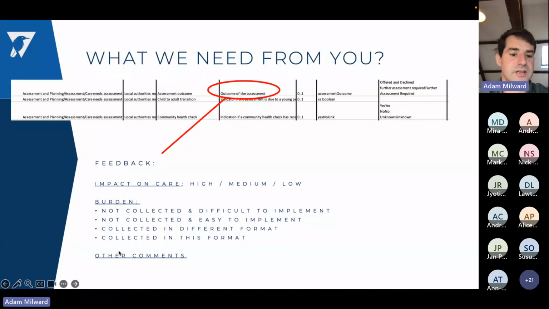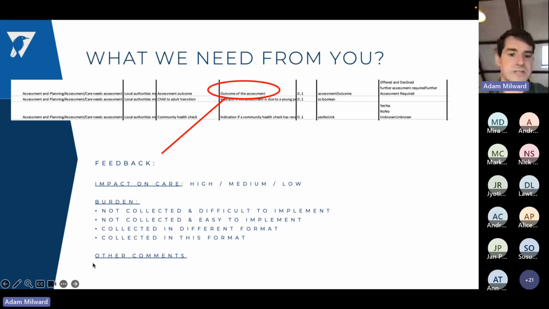So essentially what you'll have in each feedback form is, and actually it's probably just easier to show the forms themselves, like this. And so for a care needs assessment, we've got a number of different data elements, so bits of information that we'd expect to be captured for each class of information.